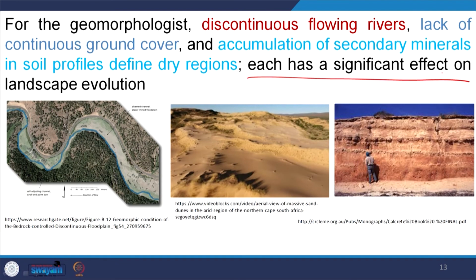This is very important to understand, because as geomorphologists our main work is always confined to landform development, and each of these parameters influences landform evolution. So, landform evolution in an arid region has to be seen on the basis of these parameters. Changes in these parameters, their magnitude or frequency of change, define how frequently landforms will evolve in an arid region.